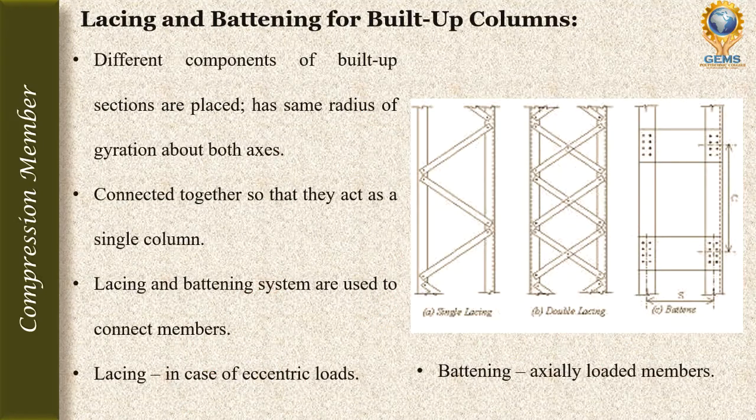So why do we need lacing and battening for build-up columns? First, the different components of build-up sections are placed in such a way that the build-up section has the same radius of gyration about the axes, and for that we use the lacing and battening system.